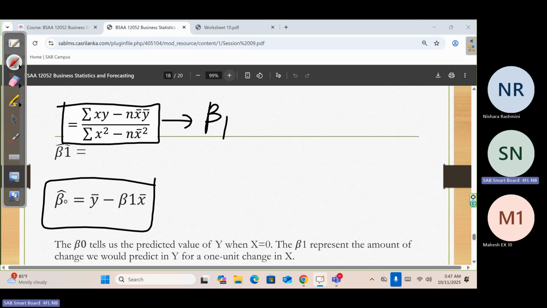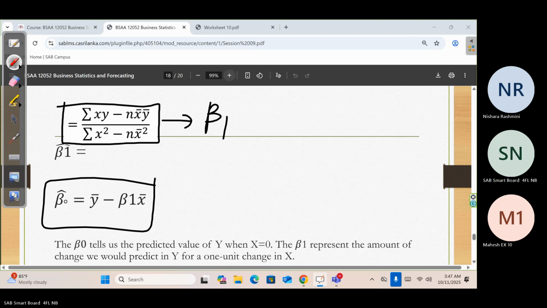Then the intercept means what is the y value when x equals 0. Okay. Then here, beta naught means the same thing. But x is here the independent one, y is the dependent one.